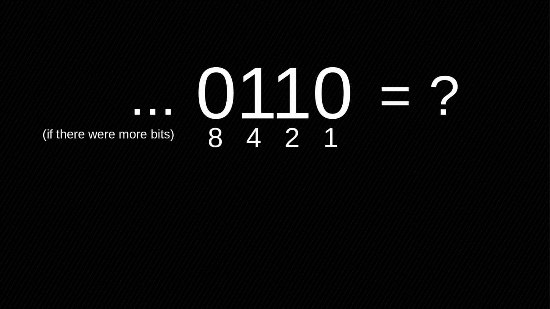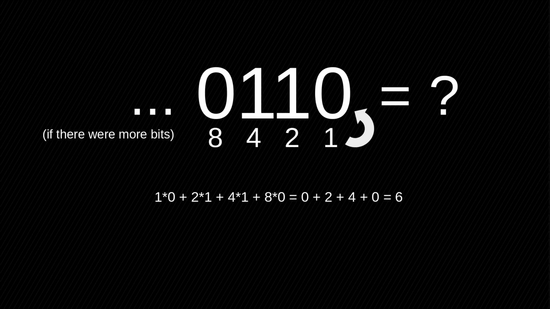Now, take each number and multiply it by the bit above it. In this case, we'll have 1 times 0 equals 0, 2 times 1 equals 2, 4 times 1 equals 4, and 8 times 0 equals 0. Now, we add all the results together, so that's 0 plus 2 plus 4 plus 0 is equal to 6. In the end, 0110 is equal to 6.